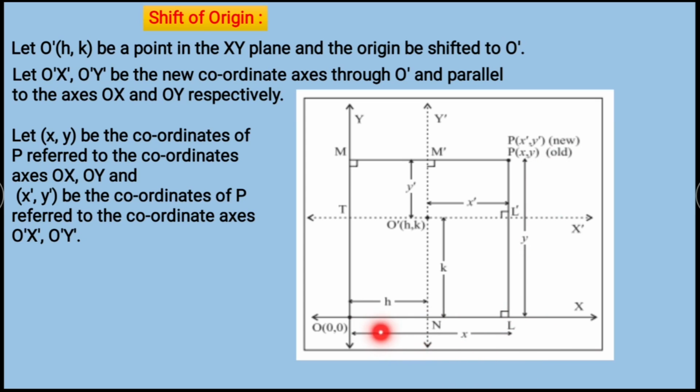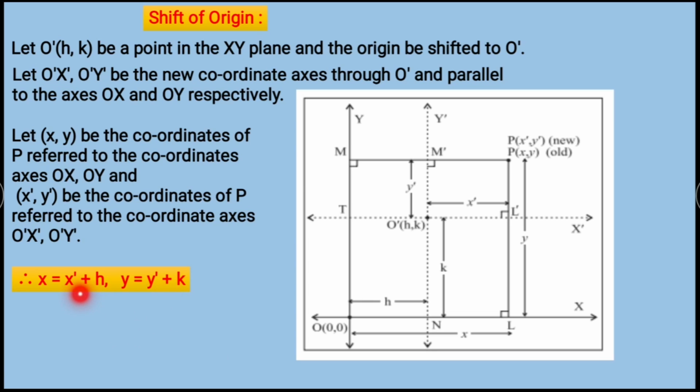So we write the relation with the help of this diagram. This x can be written as h plus x dash, and this distance y can be written as k plus y dash. So we write here x equals x dash plus h, y equals y dash plus k. That means when all coordinates are given, that is the value of (x, y) is given and the shift of origin, that is the coordinate of O dash, is given, so we write the value of (h, k), from that we find the new coordinate, that is the value of (x dash, y dash).